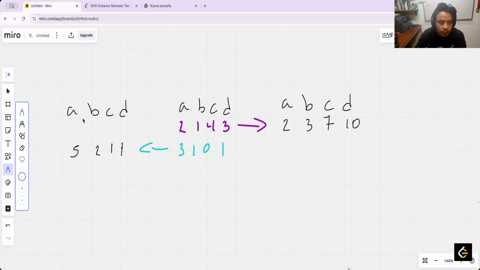Now when we reach this, in this case it's easier because it's A, B, C, D again, and it is the current plus this. 10 plus 2 is 12, plus 1 is 13, plus 4 is 17, and plus 3 is 20.